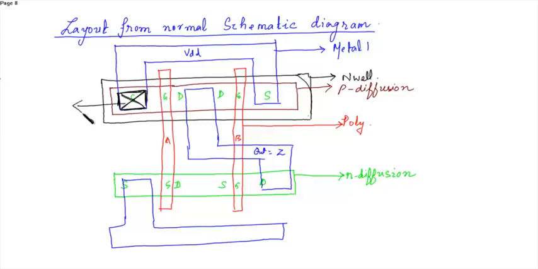This is the P diffusion contact, or you can term it as the PDC. This is needed in order to connect the metal layer to the diffusion layer.